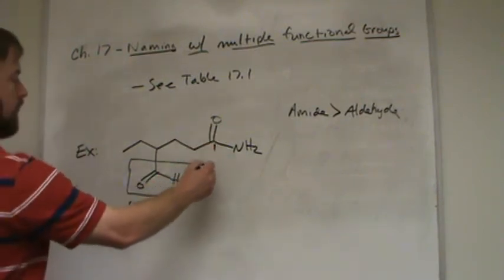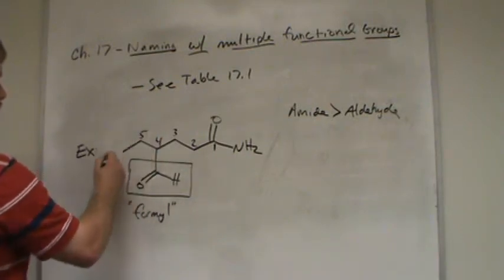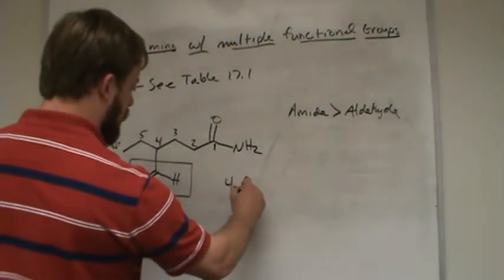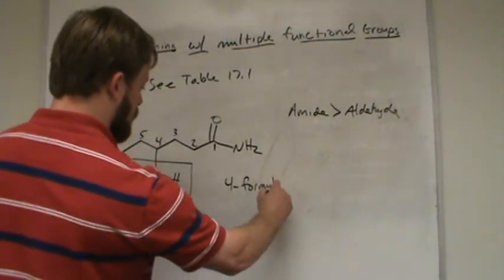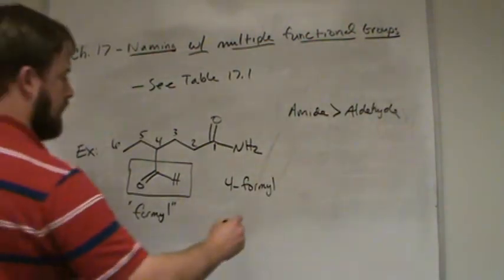So that's 1, 2, 3, 4, 5, and 6. So hexanamide is the parent chain, and then we've got to include the formyl group at the 4 position. So it's 4-formylhexanamide.